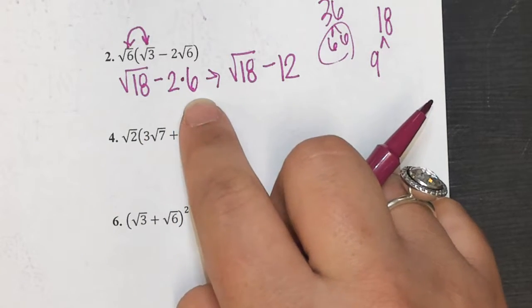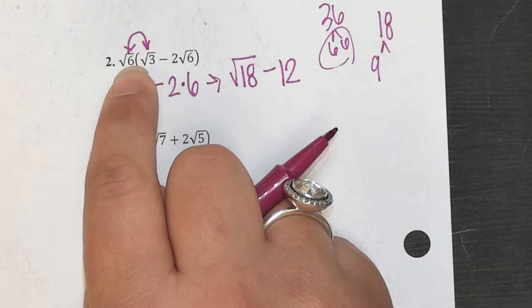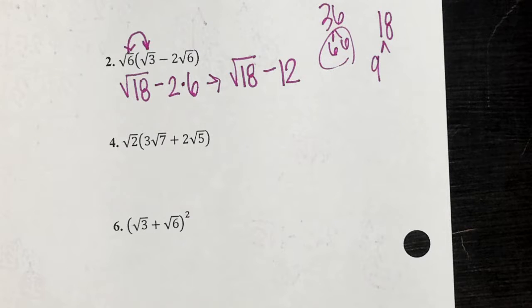But the shortcut that I'm trying to teach y'all is whenever you multiply the square root by the same square root, square root of 6 times the square root of 6 is just 6. The square root of Riley times the square root of Riley is just Riley. If you multiply it by 2 square roots, it just becomes the same thing. Square root of 700 times the square root of 700 is just 700.